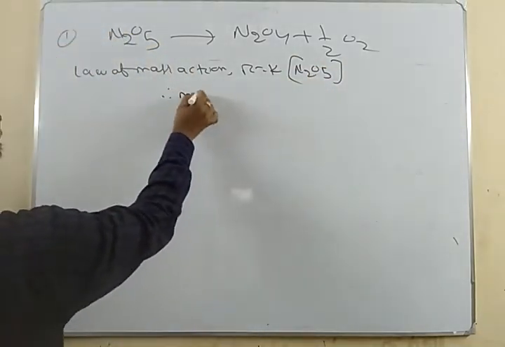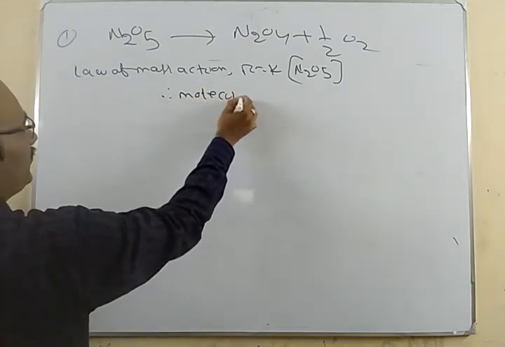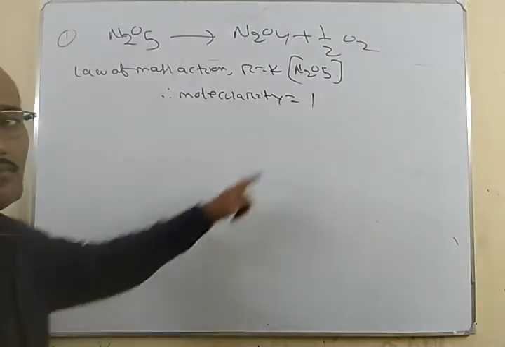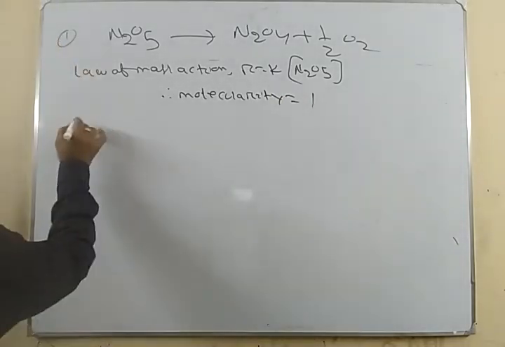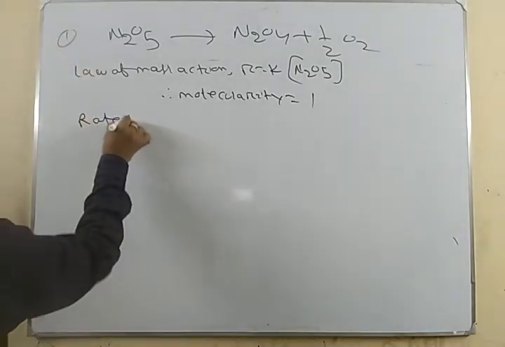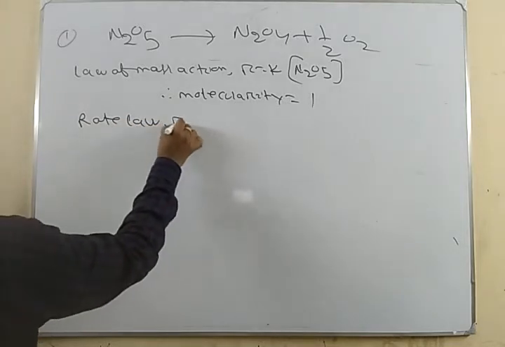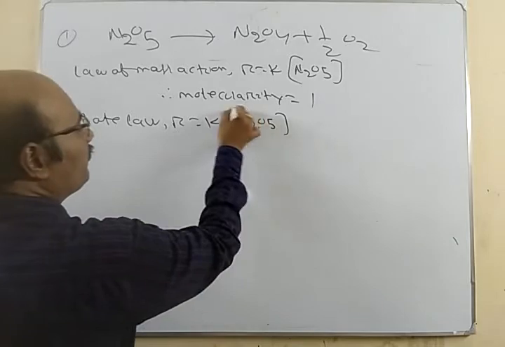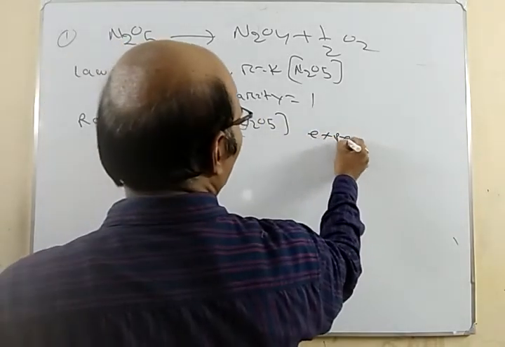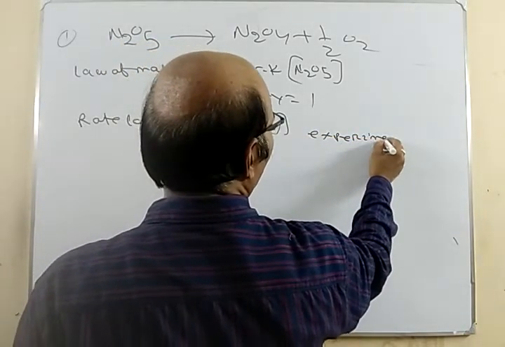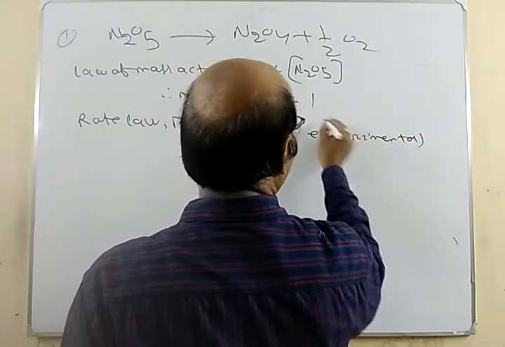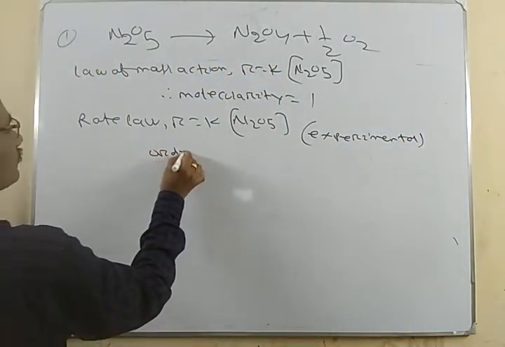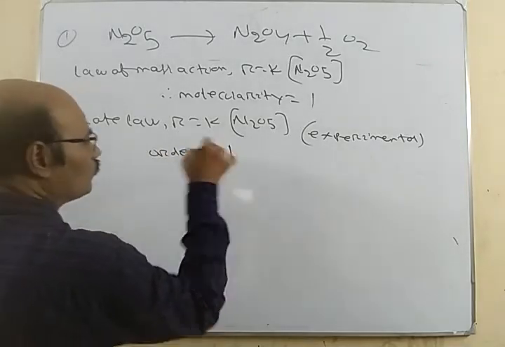Therefore molecularity equals 1. Now the rate law, R = k[N2O5], is experimental. So order equals 1.